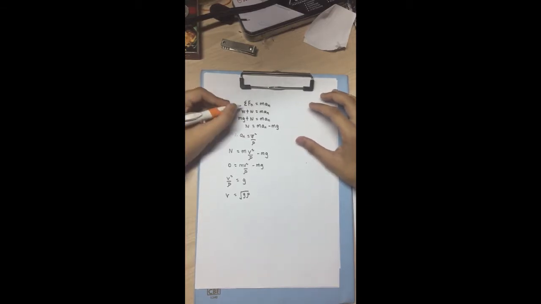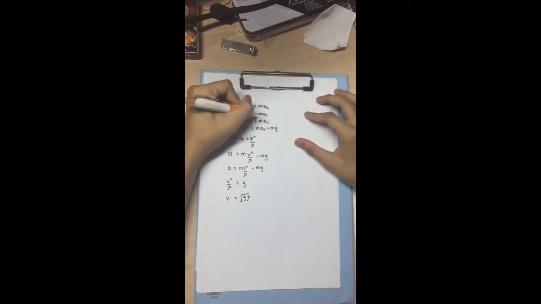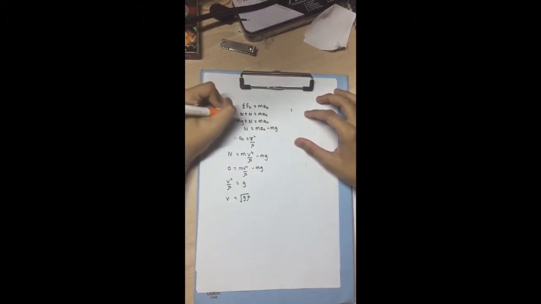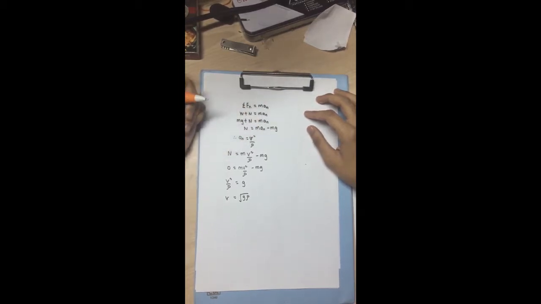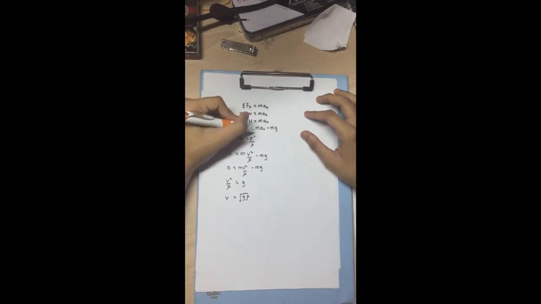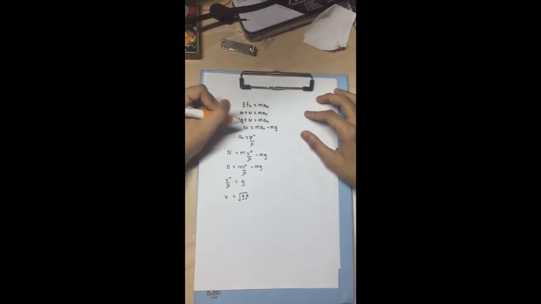Alright. Next, W plus N equals to man. And we all know W is equal to mg. Okay. So, we put mg plus N equals to man. Next, we need to move mg to the other side and become N equals to man minus mg.